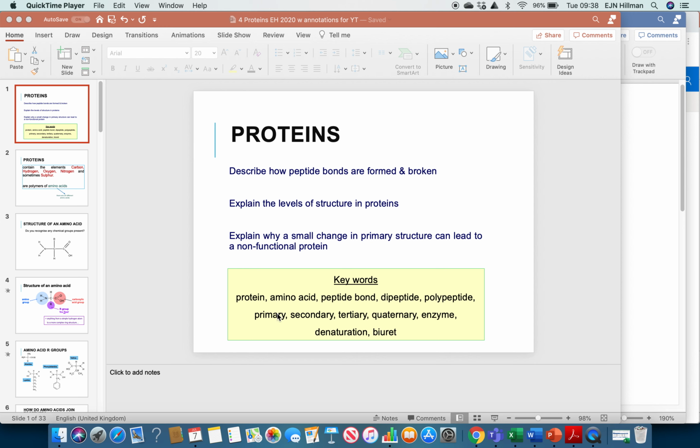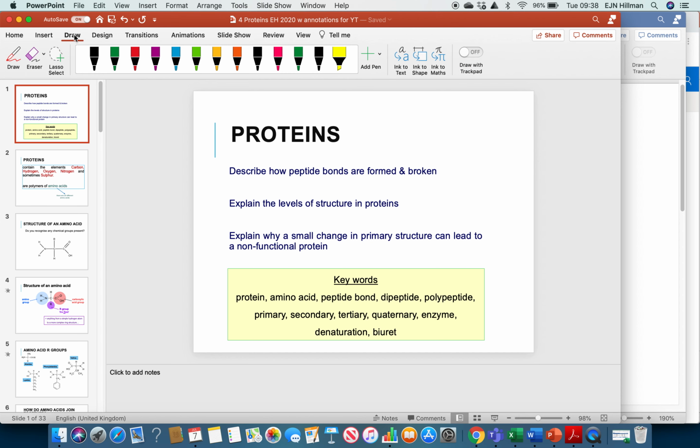So there are some key words here that you'll need to familiarise yourself with. Amino acids I've mentioned already. These are the monomers of a protein.